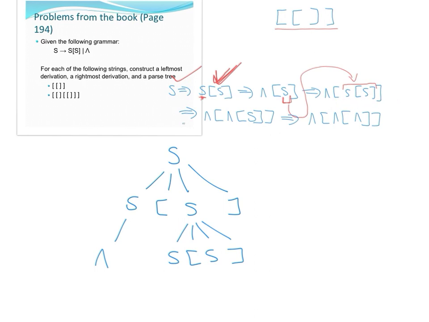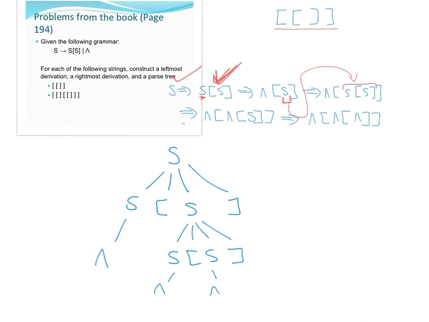So we are up here now. If you just look at the leaves of the tree so far, that shows us what's in our sentential form, right? Again, we are going to expand the leftmost non-terminal. We expanded this one. We're expanding this one. So that goes to lambda, and then we do the next one, and that goes to lambda.